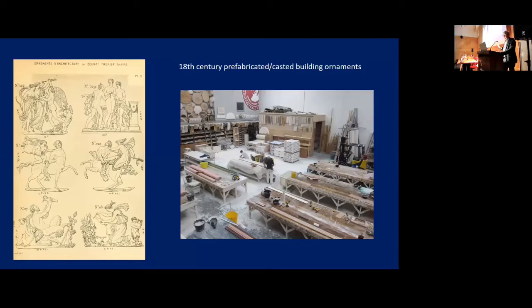On the left, you see a catalog leaflet from France. There you see the sculptures, and on the right you see one of the biggest plaster casting companies in Europe, and also one of the oldest. It's in London. It's founded in 1760, mind you.